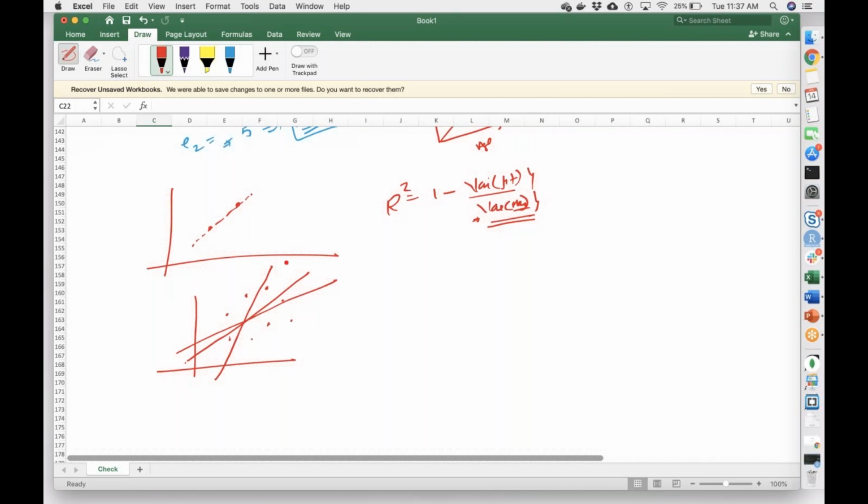So how will you conclude which of these three lines, L1, L2 and L3, is your best fit model? Any thoughts? Yeah, correct. Minimum residual, or you can calculate the R square, and whichever line gives you a higher R square, you will choose that line.